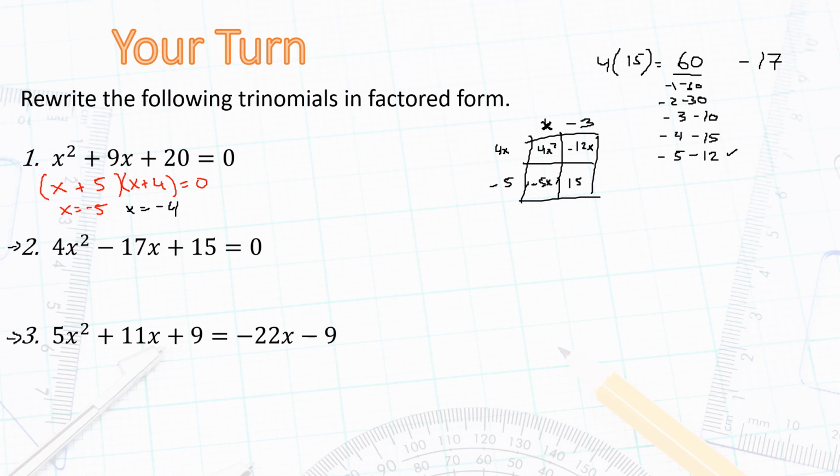So my factors are going to be x minus 3 times 4x minus 5, which is equal to 0. So that means x is equal to 3, that's the easy one. 4x minus 5 equals 0. I have to add 5 to both sides, so 4x will be equal to 5. Divide by 4, x is 5 over 4.